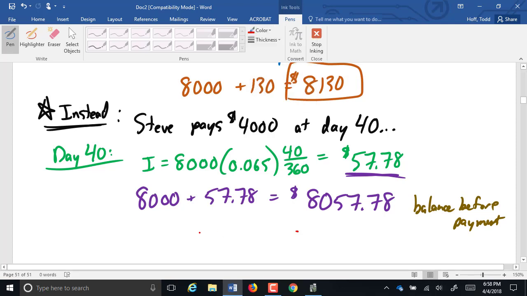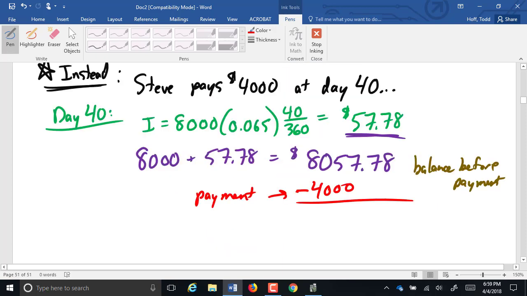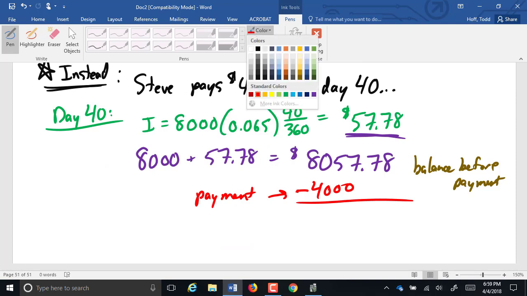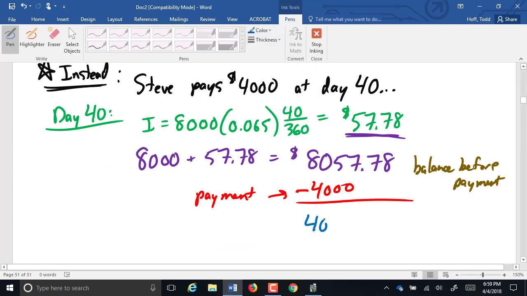And from that, we're going to subtract the payment of $4,000, giving us $4,057.78. That's the balance after the payment. Does that make sense?